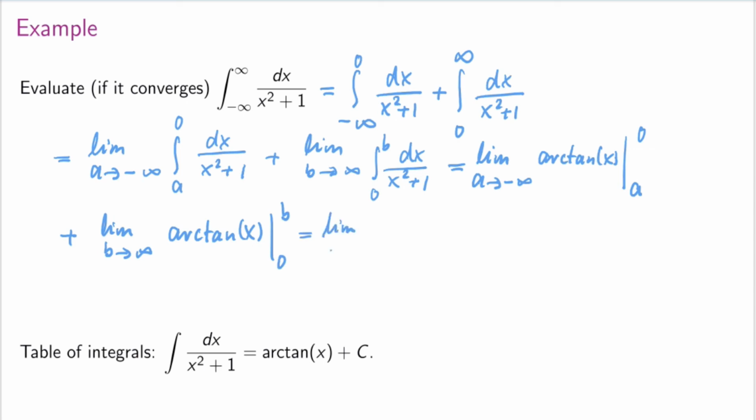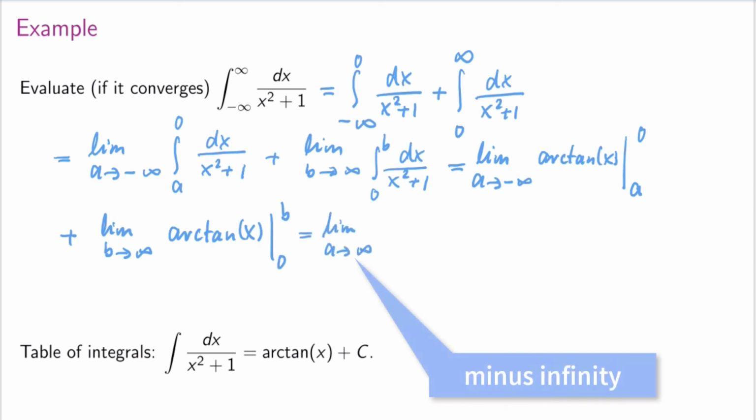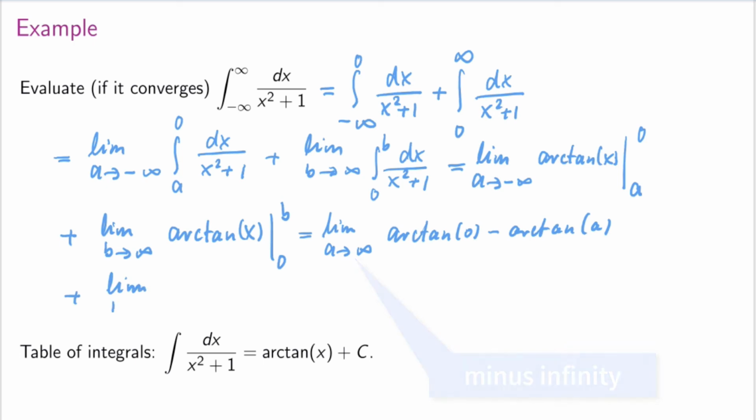We get the limit a goes to minus infinity of arctan 0 minus arctan a, plus the limit b to infinity of arctan b minus arctan 0. Now to be able to go to the limit, we need to know something about arctan.